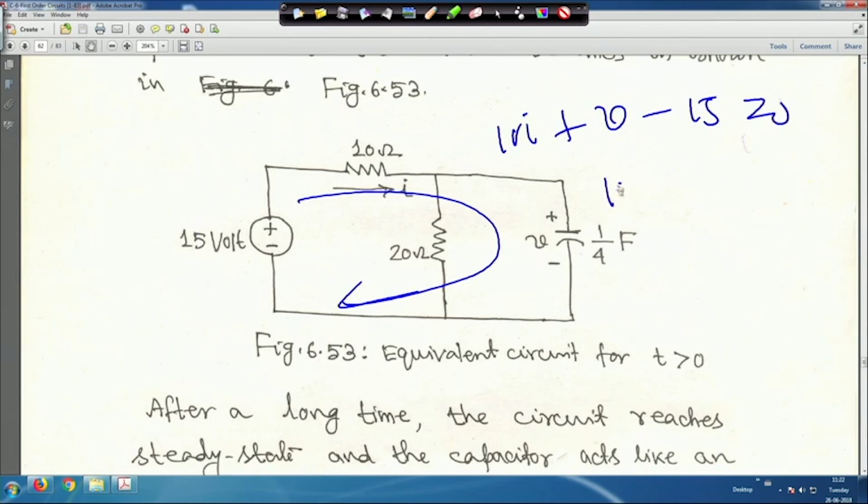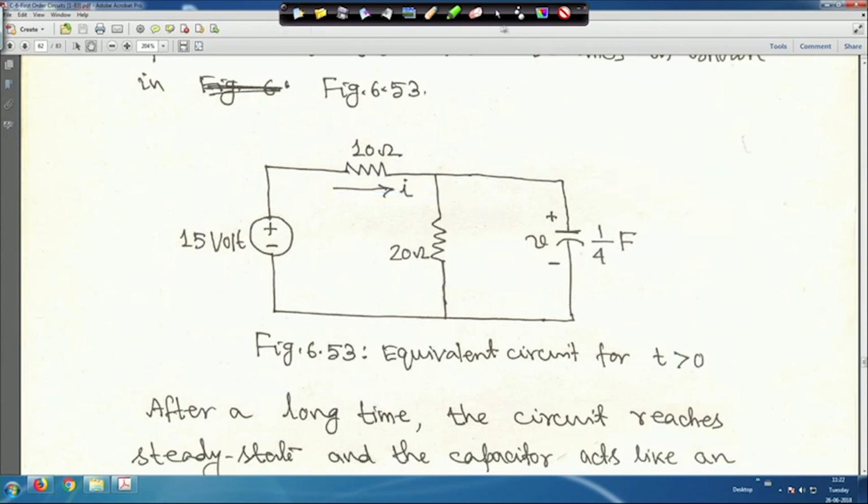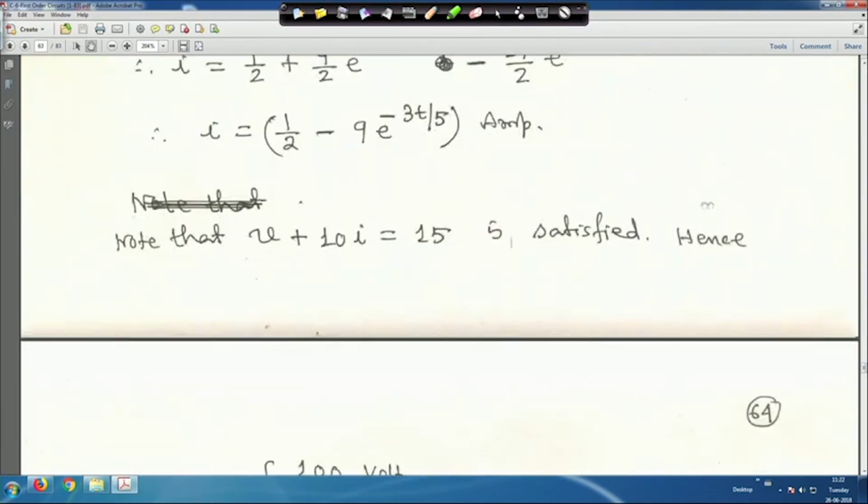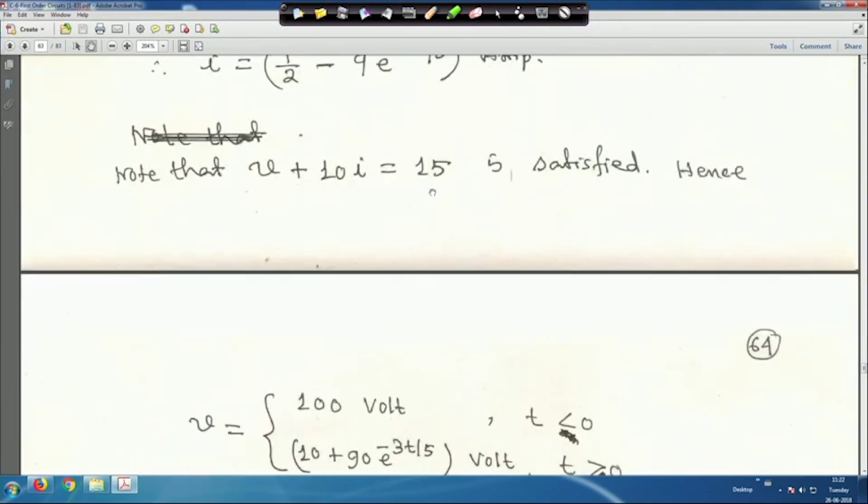That means 10 I plus V is equal to 15. You check it, it will be satisfied. So that is why it is written that this is actually satisfied.